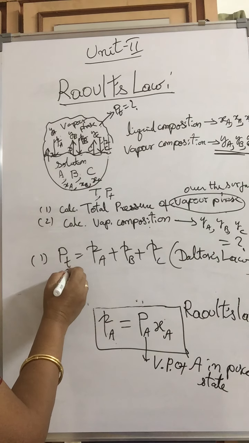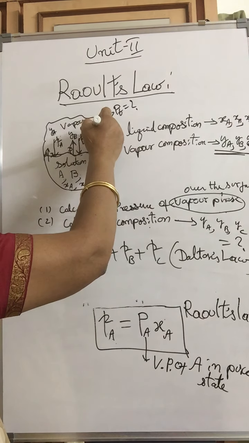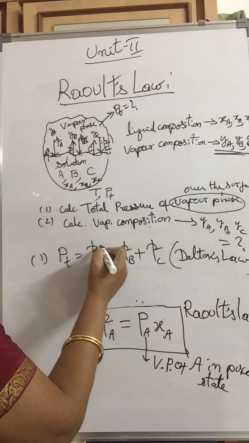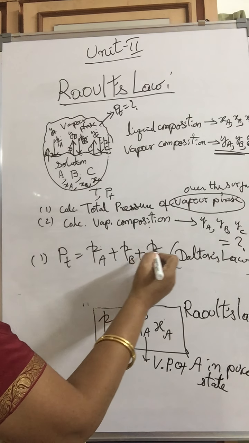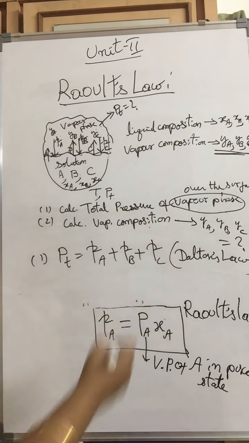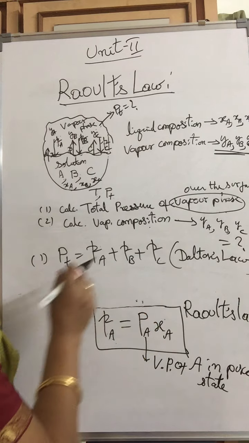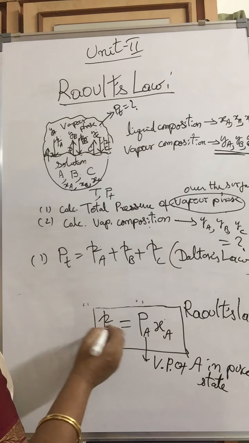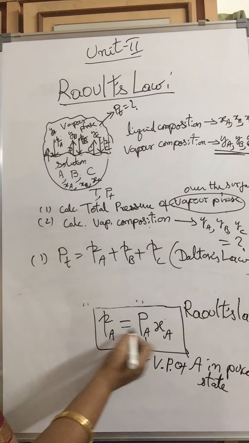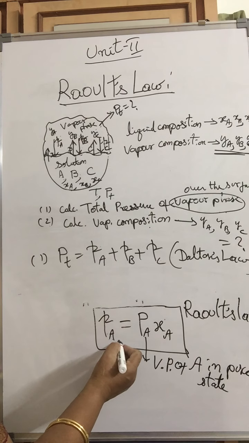So you can calculate total pressure here if you can calculate the partial pressure of A, partial pressure of B and partial pressure of C. So how to calculate PA, PB and PC? We can use Raoult's law.